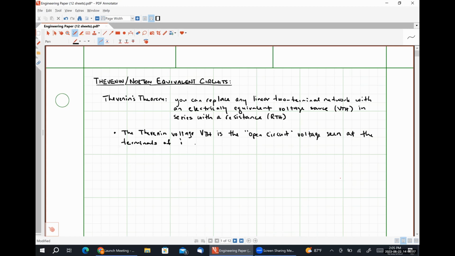And I'm going to talk a little bit more about this terminals of interest bit here when we work an example.